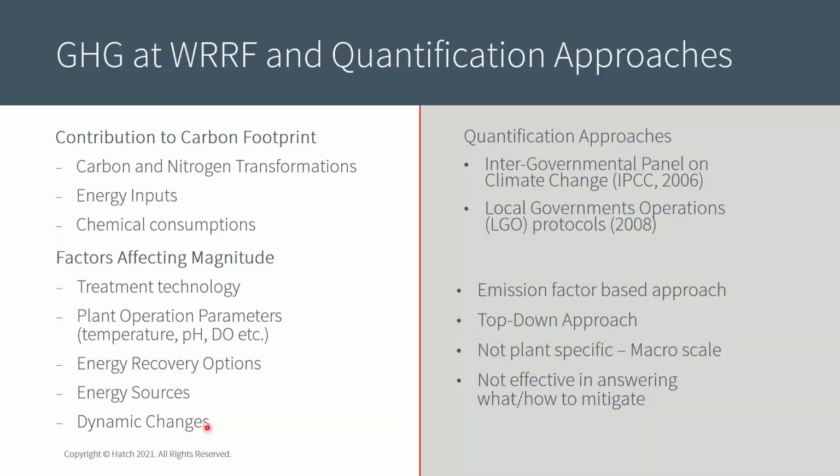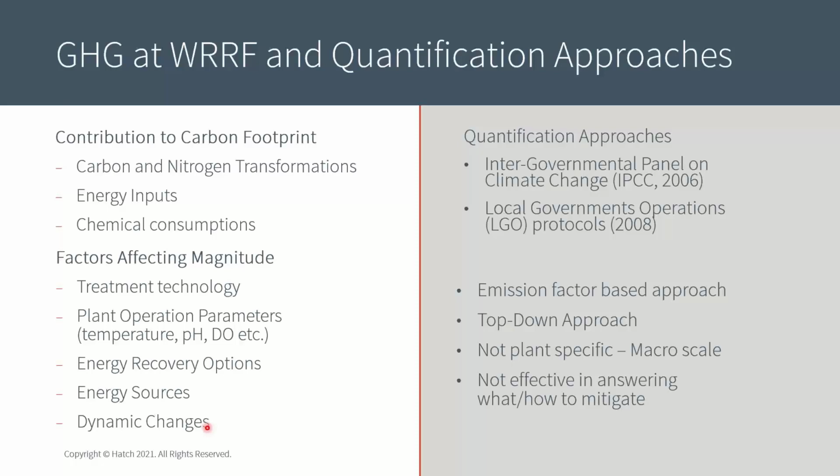However, when we look at the quantification approaches that we have, the typical approaches that are being used is Intergovernmental Panel on Climate Change. So there is a report and there are some guidelines that are being provided basically with respect to estimation of the greenhouse gases from the plants, and also some of the local government operational protocols that are being developed in the US, for example, and even in some other countries, there are some regional protocols that can be used to evaluate the footprints.